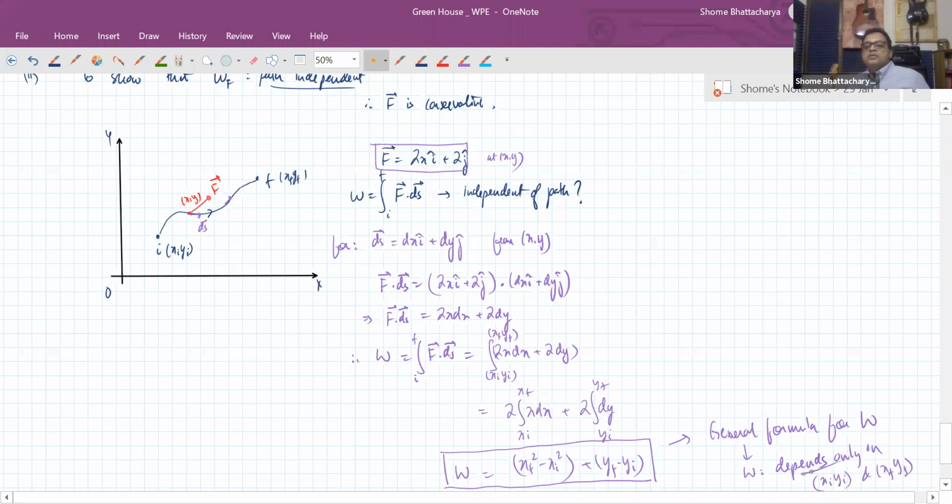It only depends on this. Therefore, it is independent of path. It's the same for all paths between these two points. So therefore, the force is conservative.